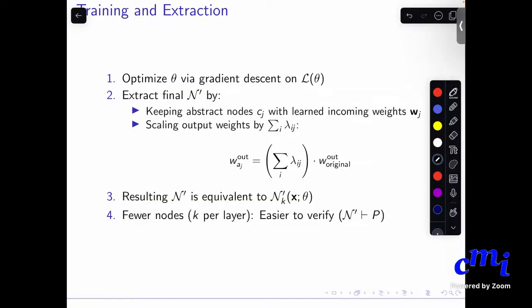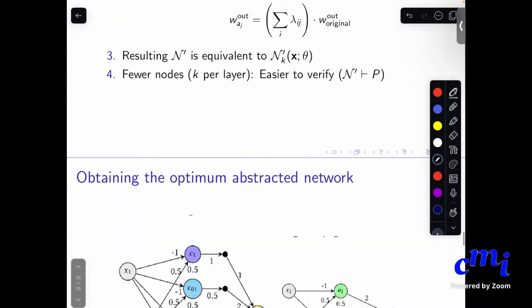The resulting neural network is equivalent to the one trained by gradient descent, which we call the trained network. It will have fewer nodes, so it will be easier to verify, because again we were dealing with the scalability issue of neural networks.